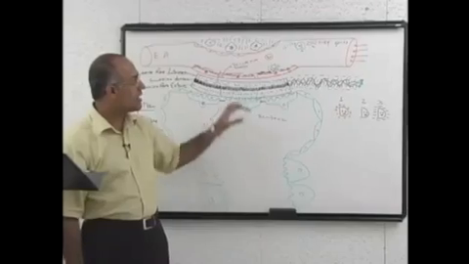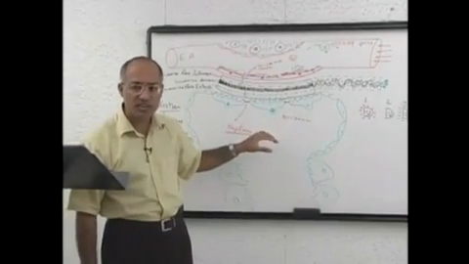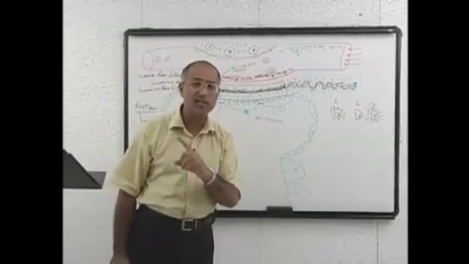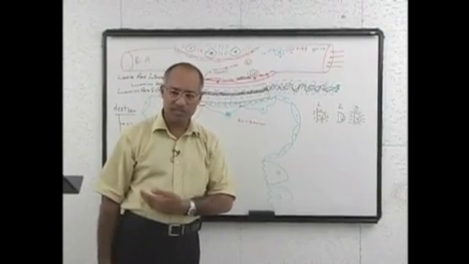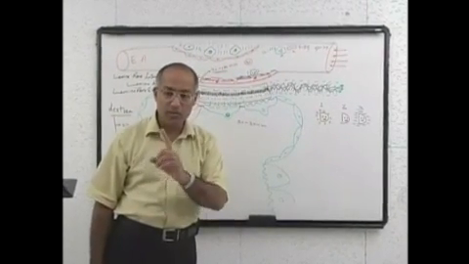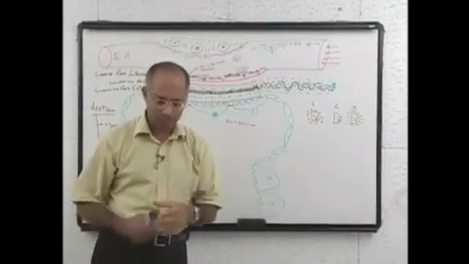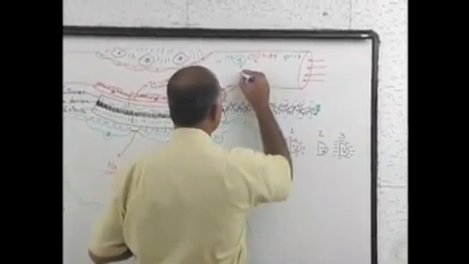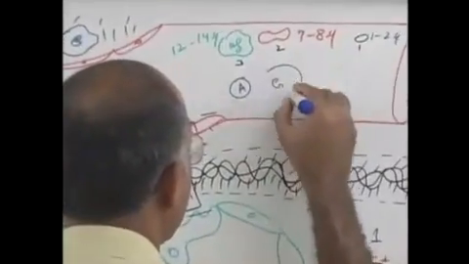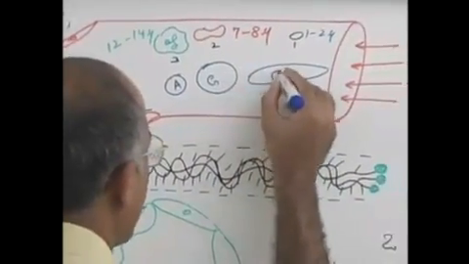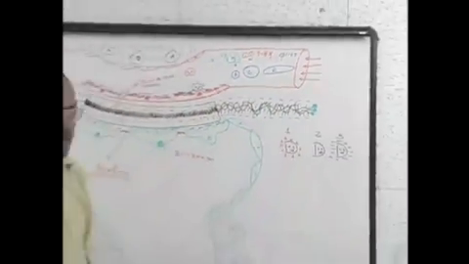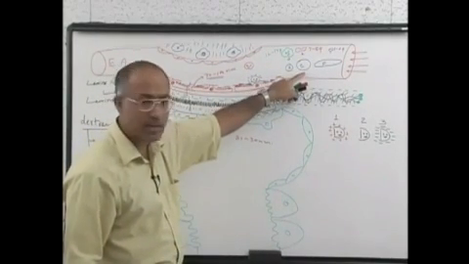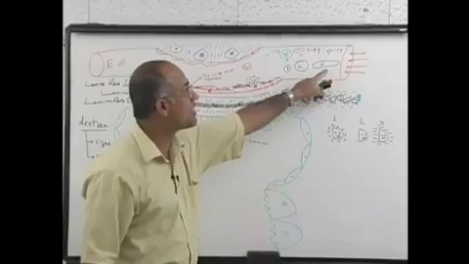Then most of the things present in plasma freely filter. But in a healthy glomerular filtration system, plasma proteins do not filter. Why? What are plasma proteins? There are albumins, globulins, and fibrinogen. Albumins are the smallest plasma proteins, globulins are larger, and fibrinogen is very large.